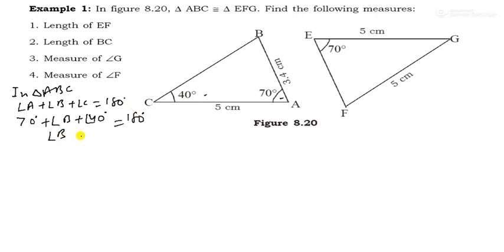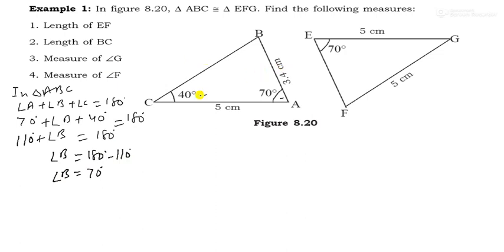So angle B is equal to 180 degrees minus, here it is 40 degrees. So 70 plus 40 is 110 degrees. So angle B is equal to 180 minus 110. So it becomes 70 degrees. So angle B becomes 70 degrees.